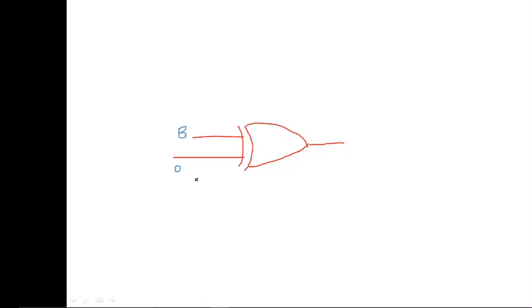You can see how to find it. The output we assume is Y, and you know that Y equals A bar B plus A B bar.